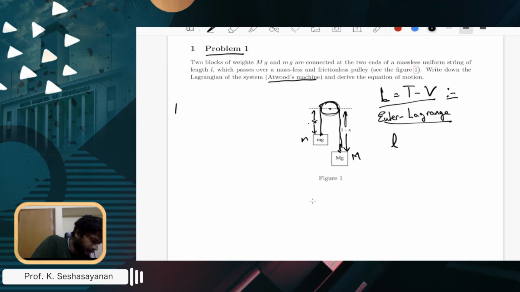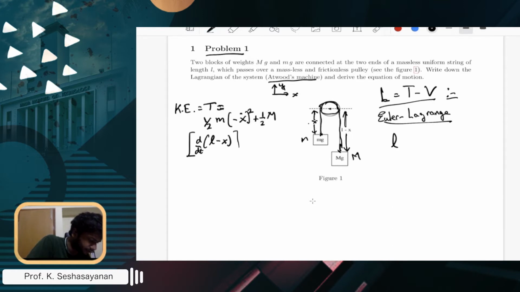So the kinetic energy for the system, which is what we call T, is nothing but, let's take our axes, so we have x and y directions. This is half m, along the minus y direction, and the distance is x. So it's minus x dot square, and similarly we have half capital M times d by dt of L minus x, squared.